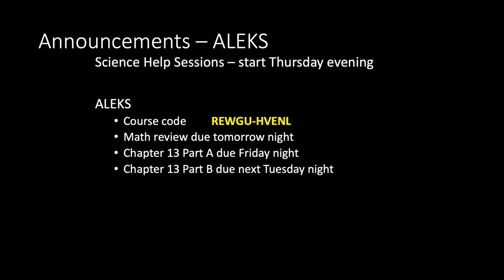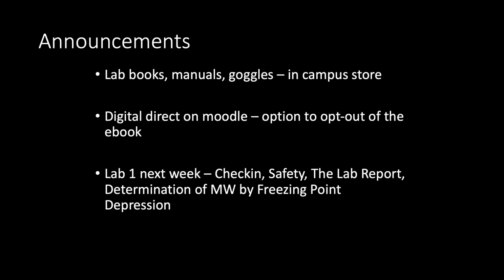Okay, so if you haven't already signed in to Alex and taken the math stuff, do it before tomorrow night. That's when it's due. So please do that. I would ask if there are any questions, but that doesn't seem quite relevant right now. So I'm just going to keep going.